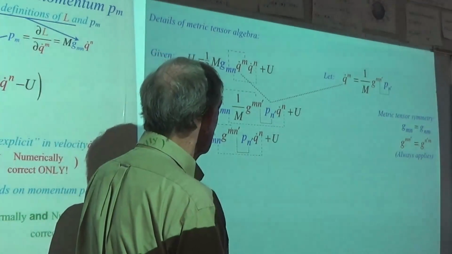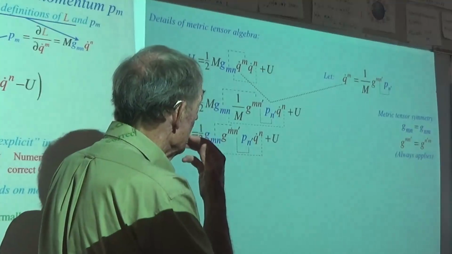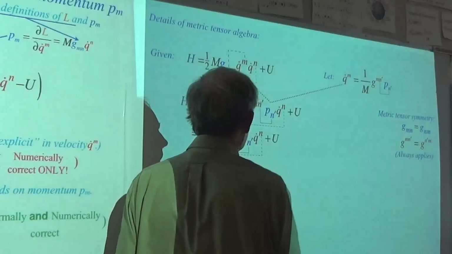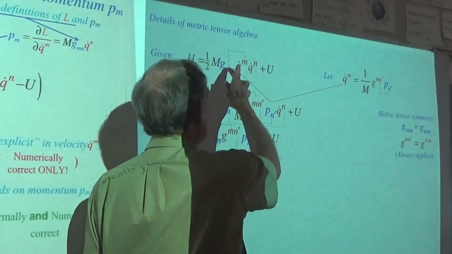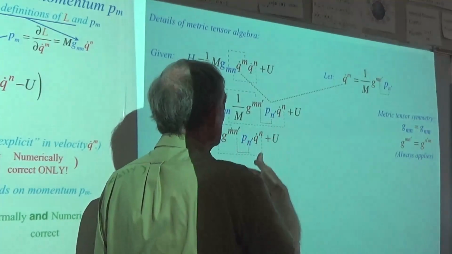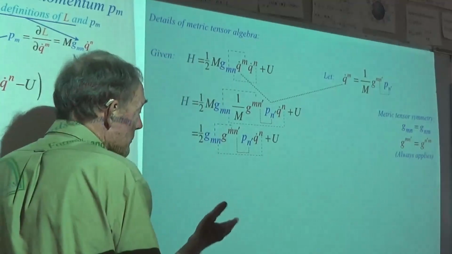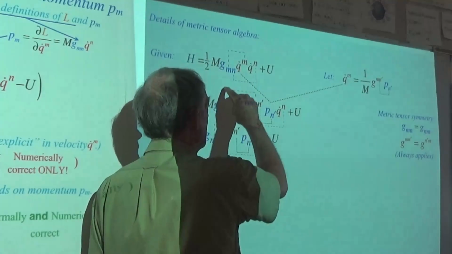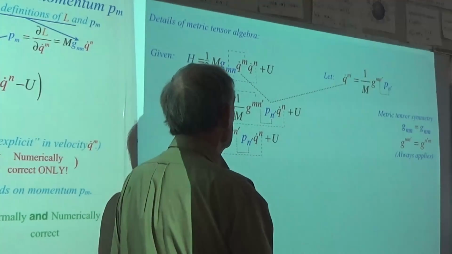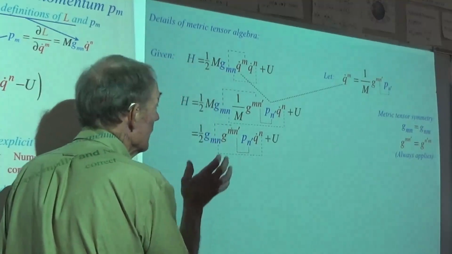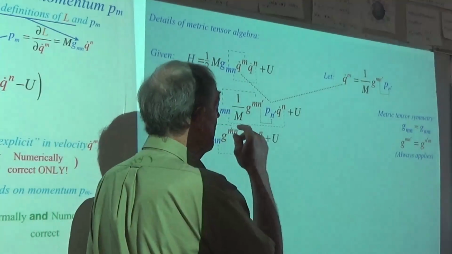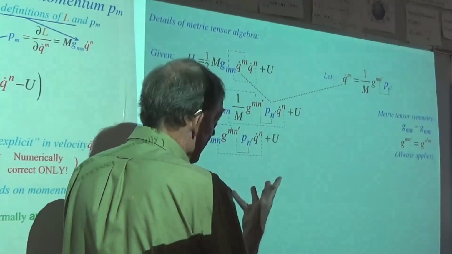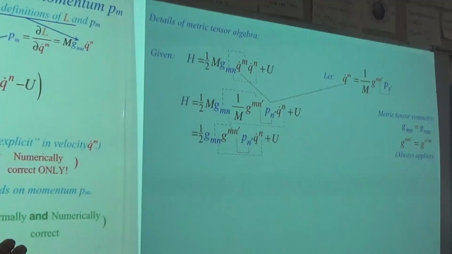So here I'm just going through and stuffing the q dot into this equation right here, and putting little helper lines. Remember I said that when the algebra gets a little more complicated like this, it really helps to draw a little something between indices that are equal on one side of the equation and therefore are being summed over however many degrees of freedom the system you're dealing with has.